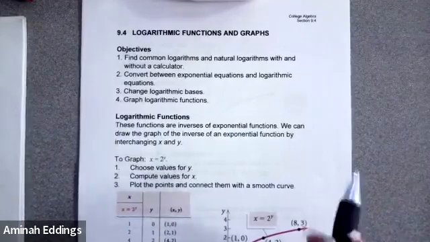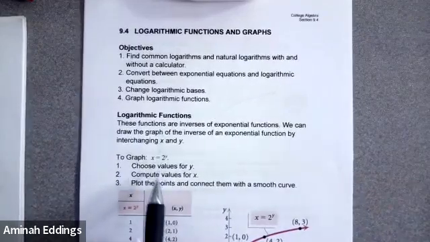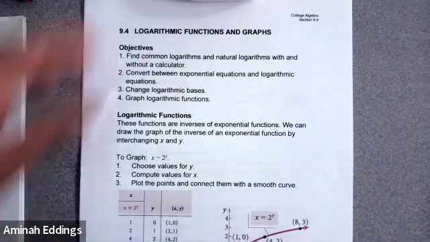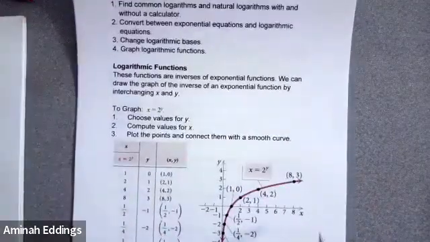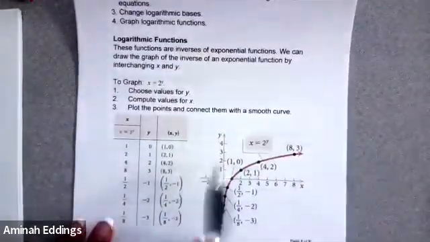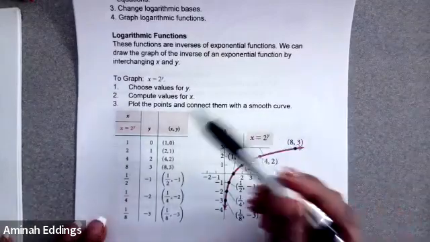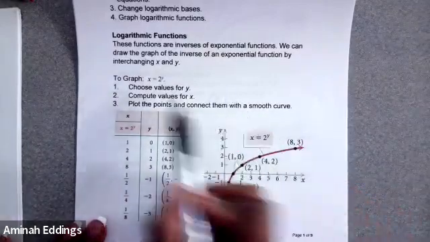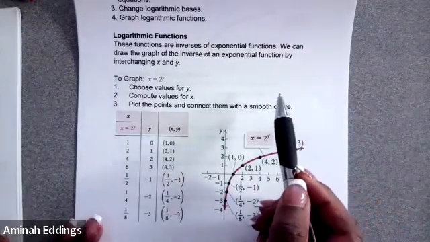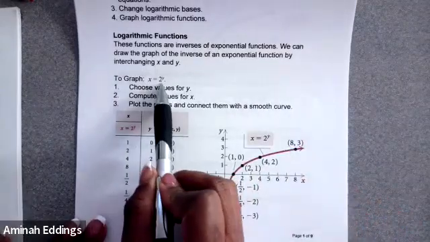So let's begin by graphing x is equal to 2 to the y power. And we're not going to graph this by hand. We're just going to look at it here. So if you recall, if we wanted to graph this by hand, well, let's back up. First of all, we can't put this in y equals because it's not solved for y.